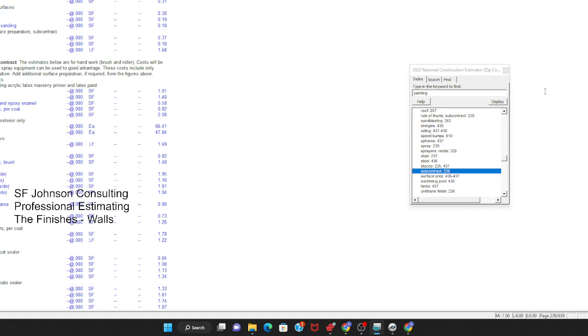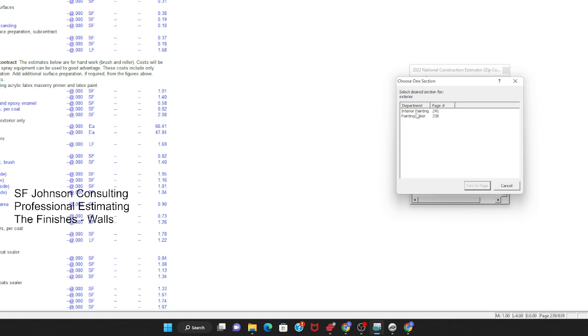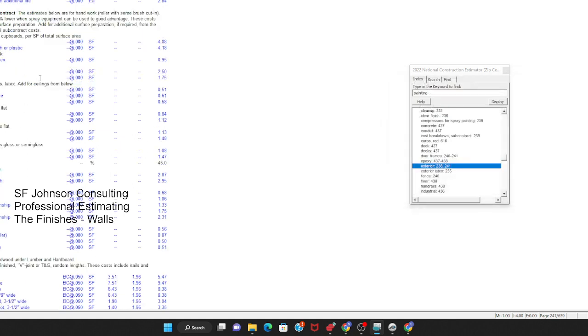Okay, and let me go into where it's just labor and show you what the labor is per coat, because I've had it in my cost book so long I don't even know where to find it here anymore. Let's see. Interior painting. Okay, yeah.